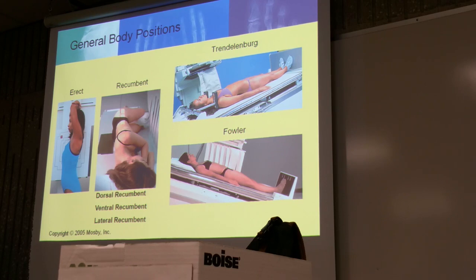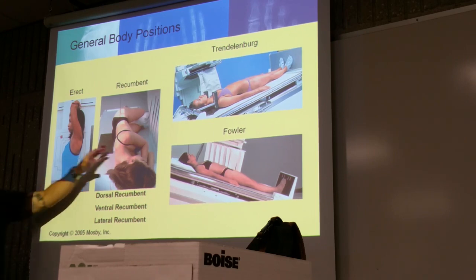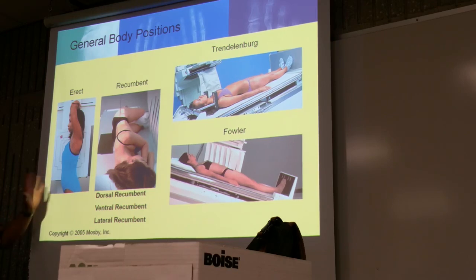But let's be more specific on what lateral it is. Here's the key. When you're doing a lateral of the abdomen or the chest, here's the other nuance, and we will cover that again in each body part that we x-ray. For the chest or the abdomen, we need to be more specific on what kind of lateral.